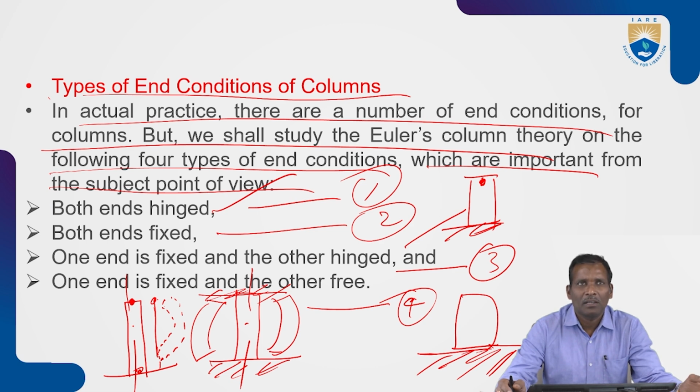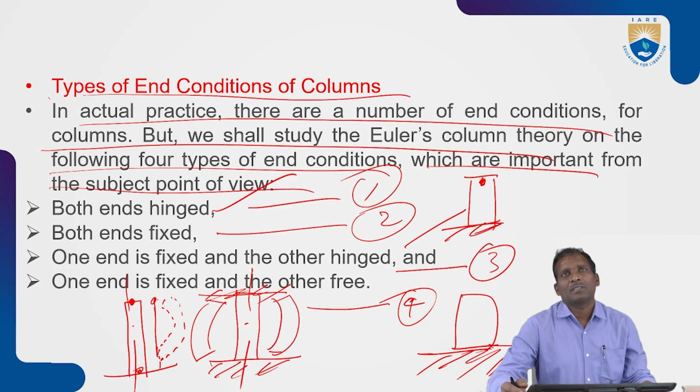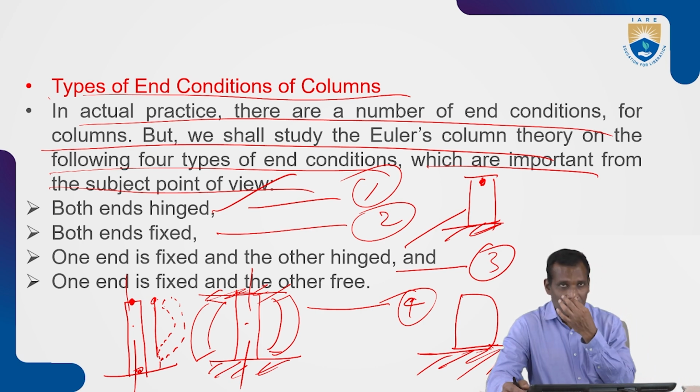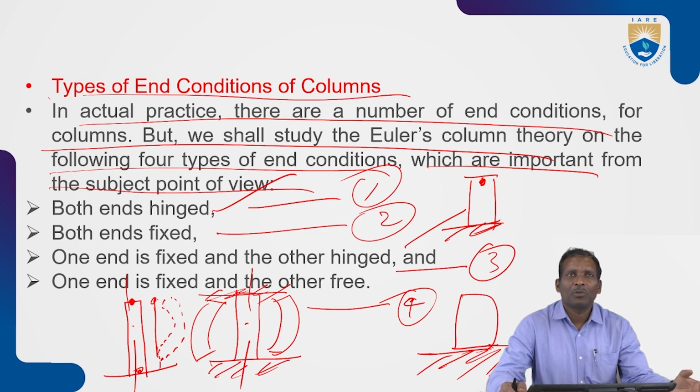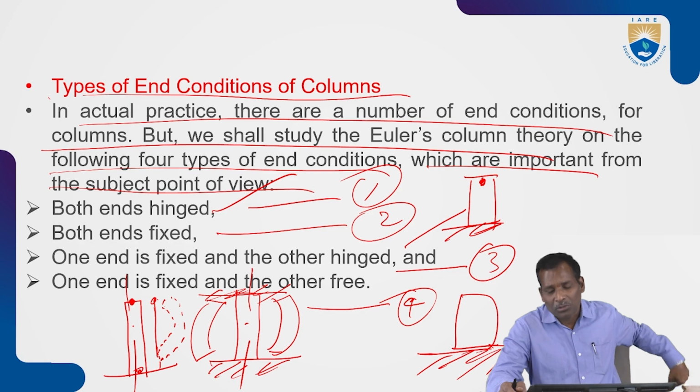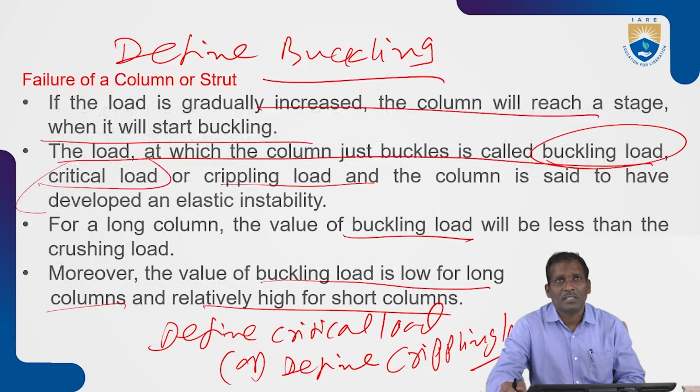Whenever the column is both ends hinged, both ends fixed, or one end fixed and the other end hinged, according to these conditions you must derive the equation. We have already derived it in the theory part, and also solved problems. These are the important terminology related to columns and struts.